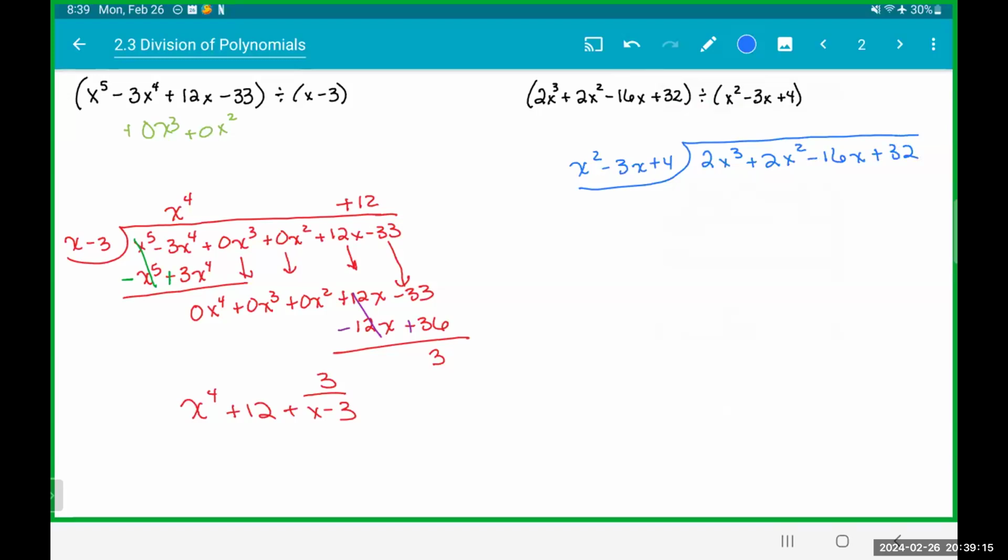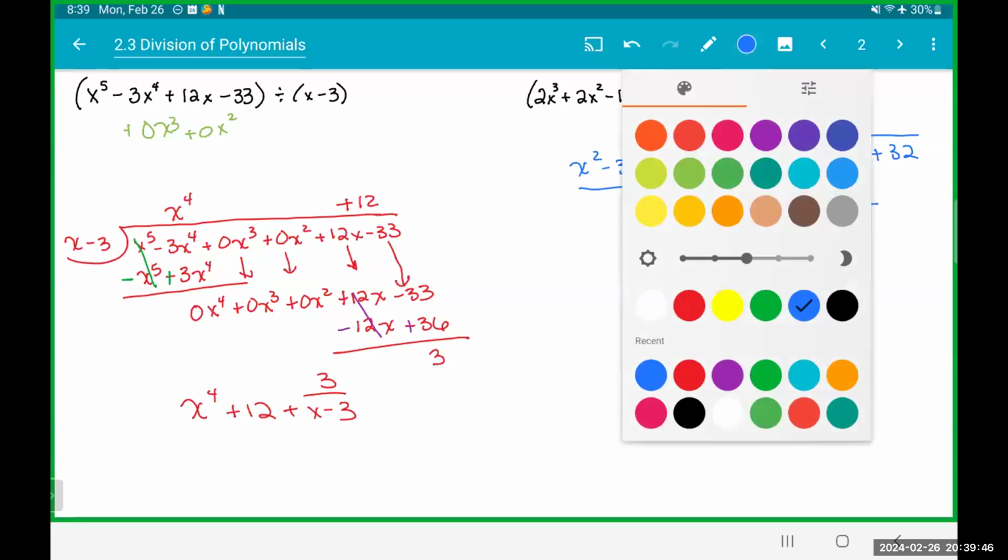Okay, so this is going to be 2x. 2x times x squared gives me 2x cubed. Remember, we have to do it to all the terms. So this is going to be minus 6x squared. And this one would be plus 8x. Okay.